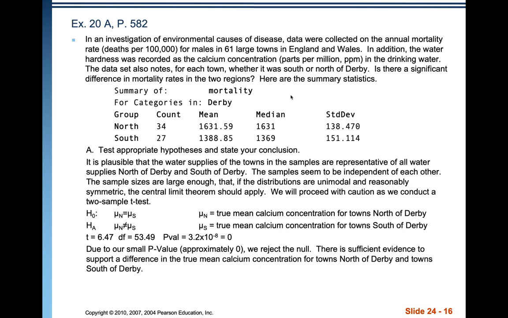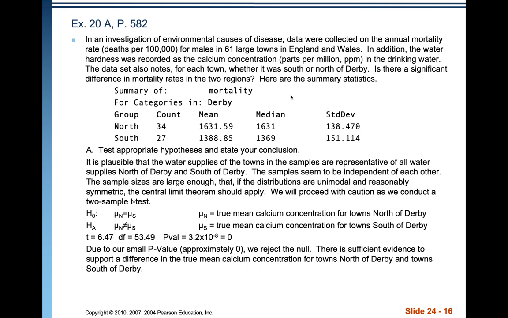And so where mu n is the true mean calcium concentration for towns north of Derby, and mu s is the same thing for towns south of Derby. Since it asks about is there a significant difference in mortality rates, we're doing a two-sided test. So our alternative is not equal to. If you wanted to write it as mu n minus mu s is not equal to 0, that would be the logical equivalent.